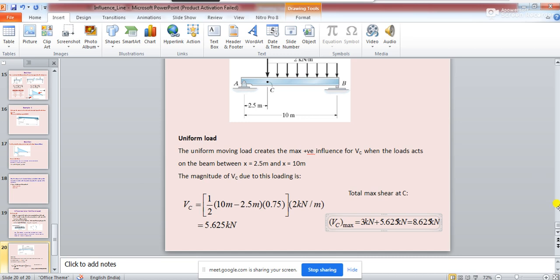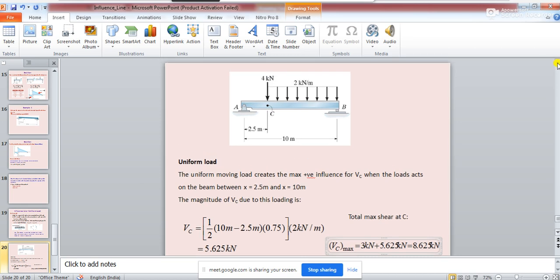Now, leaving this 4 kilonewton load, there is another load, 2 kilonewton per meter, having a length of 7.5 meter, that is also moving along this beam.